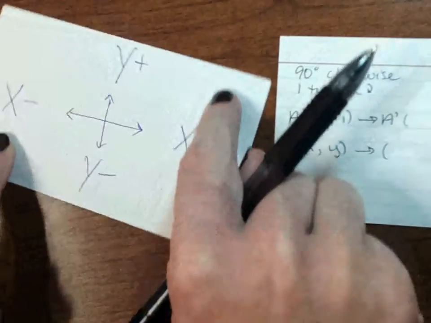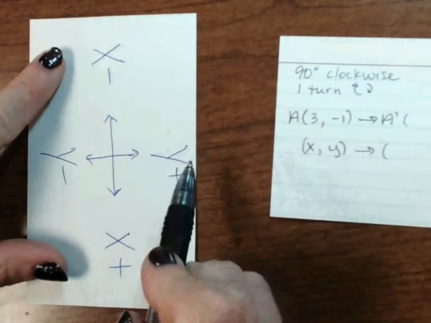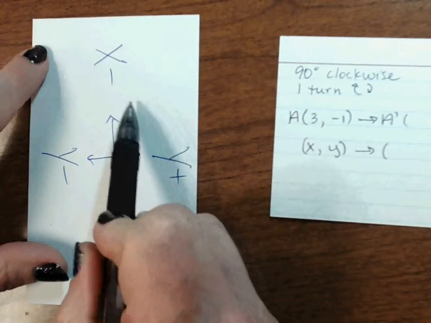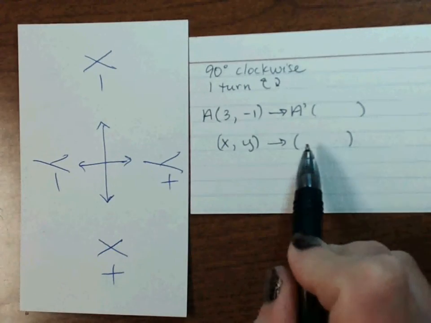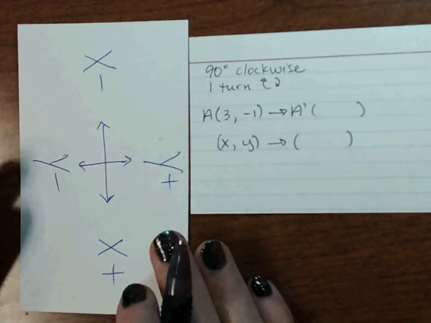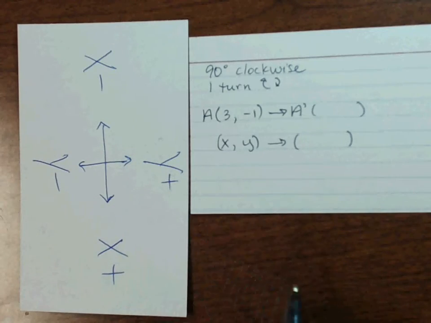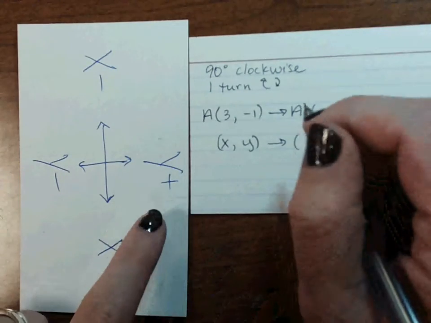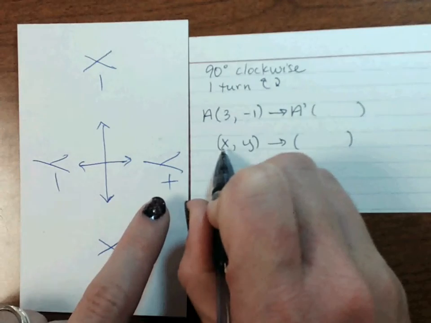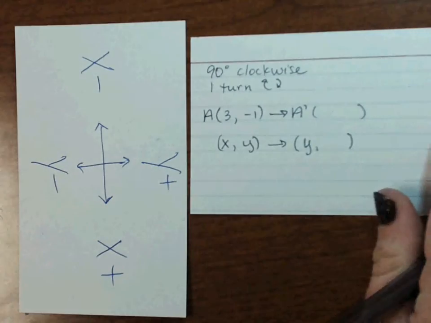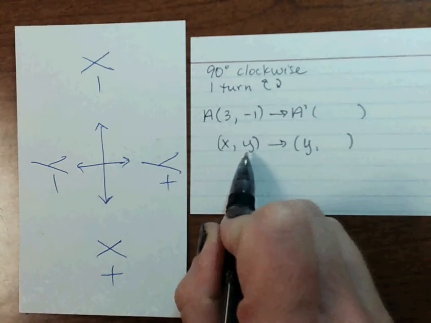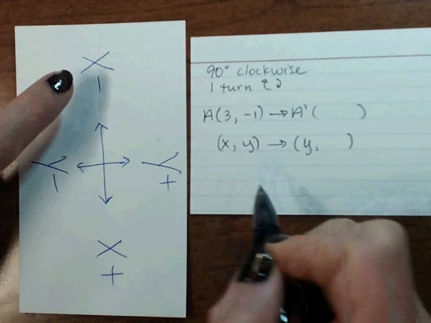But if I've turned this, I now have something new on the right and something new on the top. Those are the 2 values that I need to record for my rule, because as I rotated this 90 clockwise, 1 turn, my new x, meaning it's not a positive x on the right anymore, it's now a positive y. And instead of a positive y being on the top, it's now a negative x.